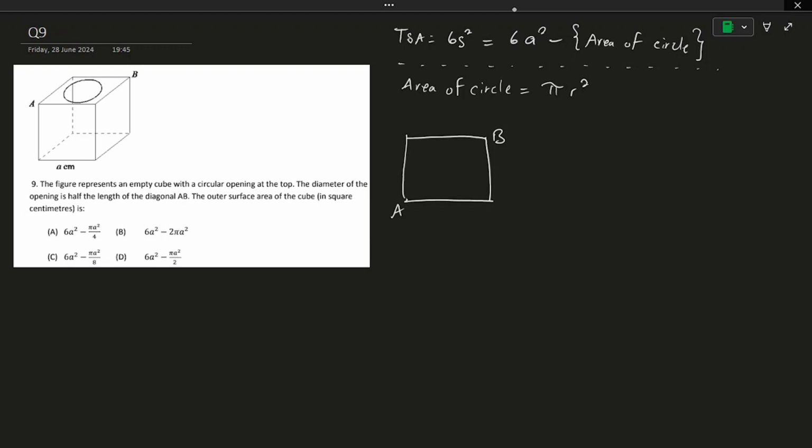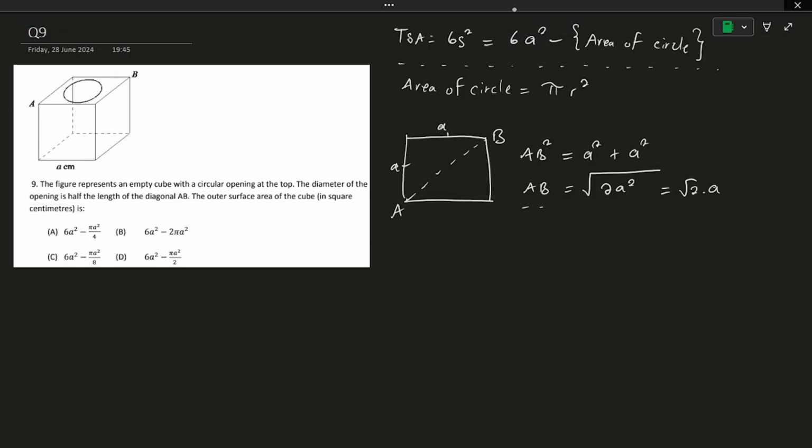So we are told that AB is the diagonal of this top square where the circle was cut, and we know that this side is A and this side is A because this is a square. The sides are equal. So to get the diagonal, we are going to use the Pythagorean theorem and say AB squared equals A squared plus A squared. To get AB, we are going to take the root of 2A squared, which simplifies to root 2 multiplied by A. Right?